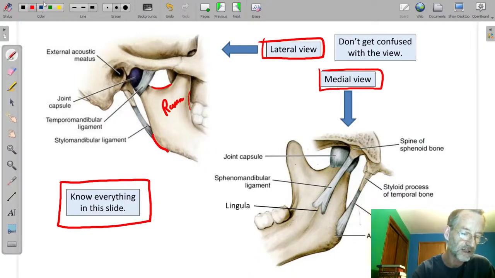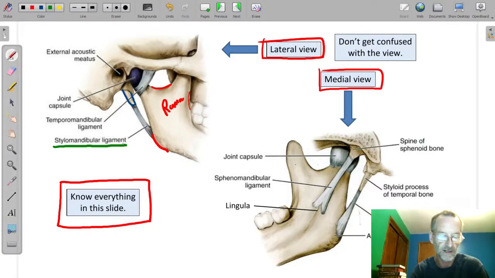You should recognize that on the temporal bone. And there is a ligament that runs from the styloid process down to the angle of the mandible, and that's the stylomandibular ligament. That's one of those that you need to identify and remember.